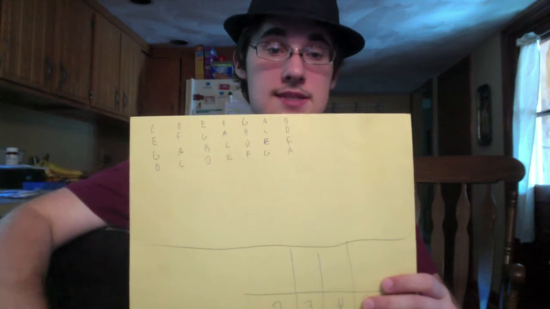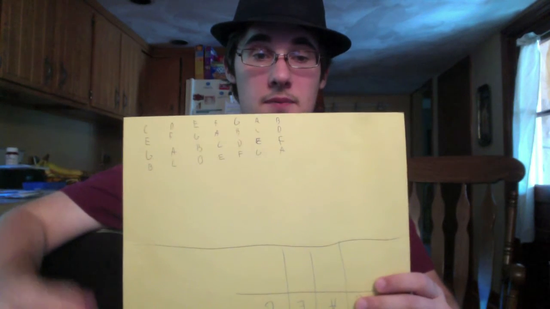So you get, C is C, E, G, B to make C major 7th.